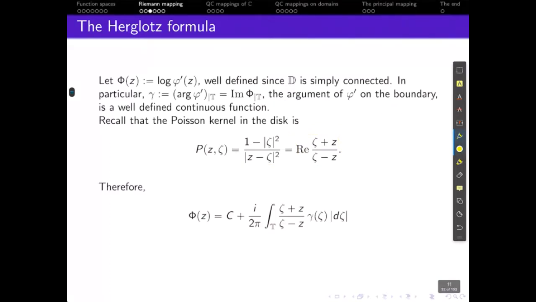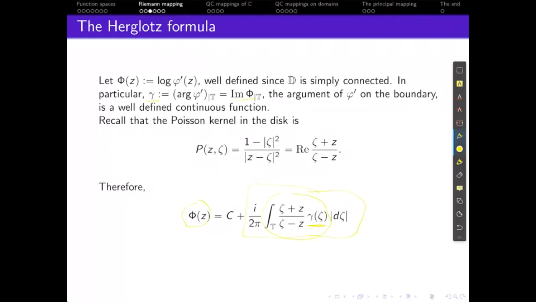So what we get is that the Poisson extension of gamma is not only harmonic, it's holomorphic, and moreover it's real. So the real part of that is exactly the imaginary part of this guy, because it is the extension of its boundary values.